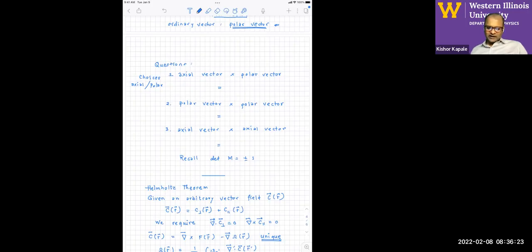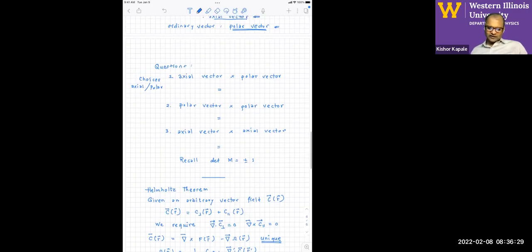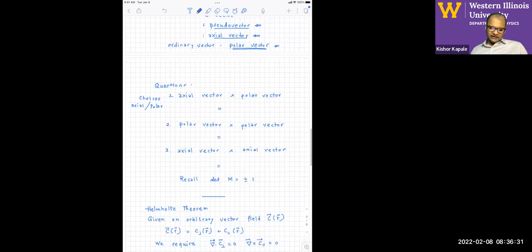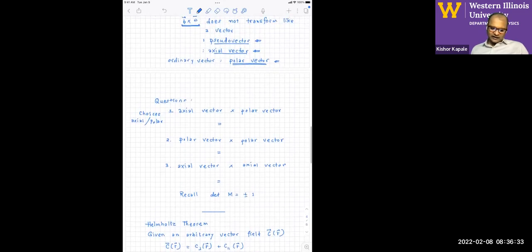I wasn't expecting answers for number 2 and number 3, but some of you actually gave them. That's good, it means you're thinking ahead. But let's figure this one out. Let's think about the transformation properties, because only then will you get the nature of the vector.